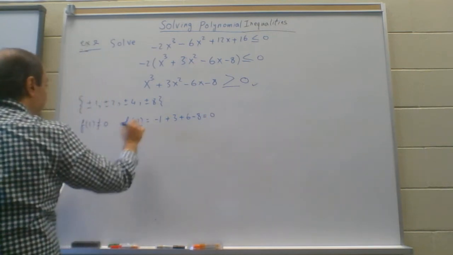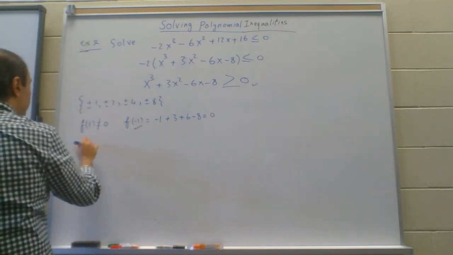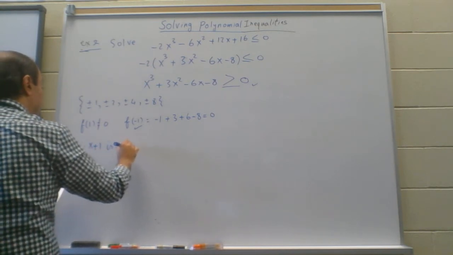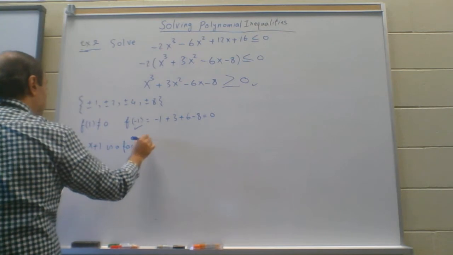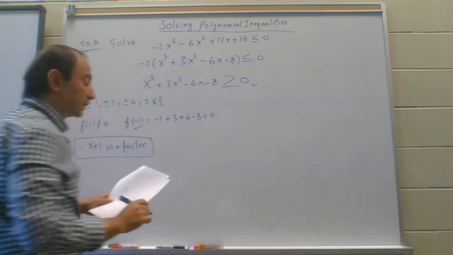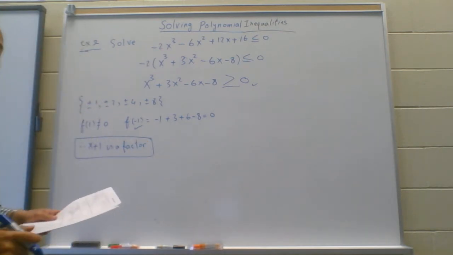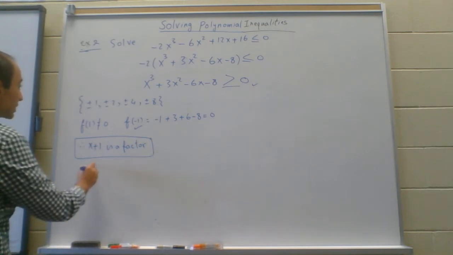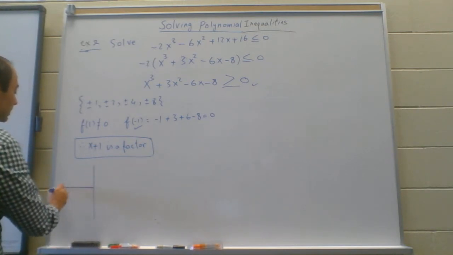So if f of negative 1 equals 0, that tells me x plus 1 is a factor. My job now is to find the other factors by finding the quotient. So I am going to use synthetic division because it works in this case.